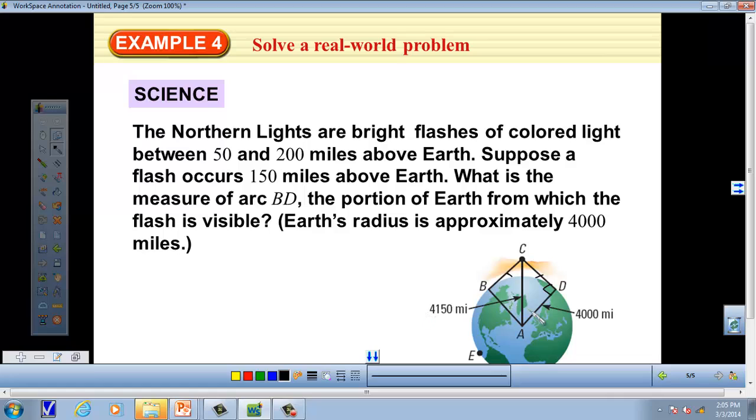So the first thing, if you notice, since this is a right triangle, directly opposite it is the 4,000, and the hypotenuse is 4150. So if we use SOHCAHTOA, we've got opposite over hypotenuse, so that would be sine of, we'll say, angle DCA is equal to the opposite, which is 4,000 over 4150.